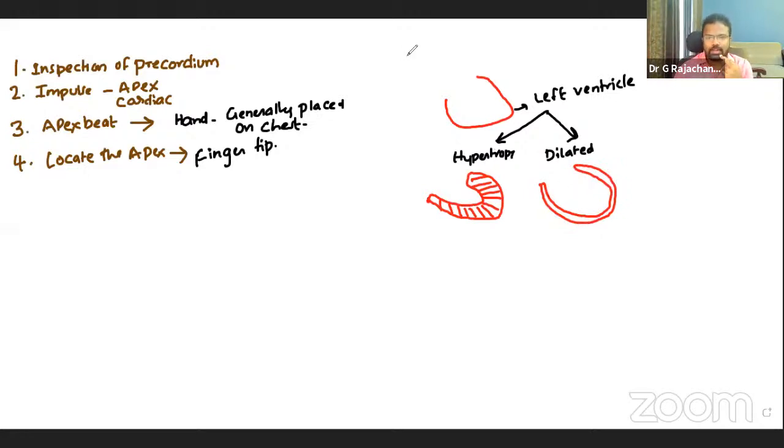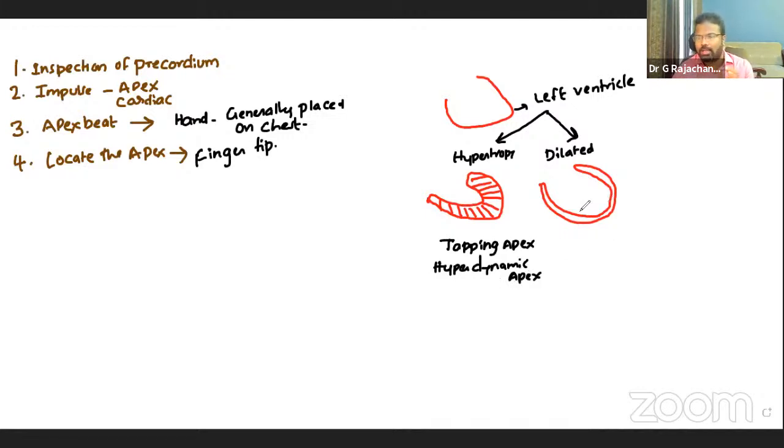Now, whenever the left ventricle is hypertrophied, the character of the apex is called tapping. There is a tapping apex, and this is also given one more name. It is called hyperdynamic apex.